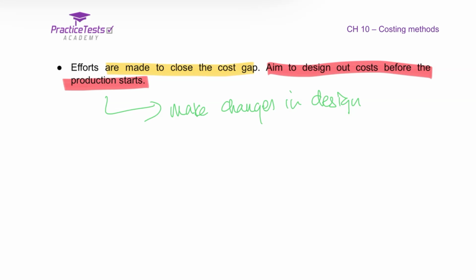We discussed how to cost for a job or a batch costing system, how to determine the pricing. Then we also discussed a little bit about the characteristics of service costing. And now we spoke about 3 concepts of costing: activity-based costing, life cycle costing, and finally, target costing.